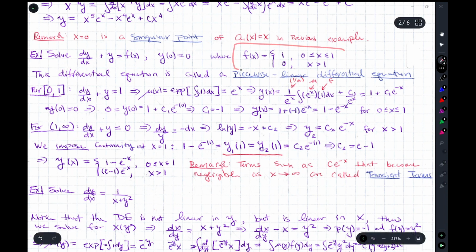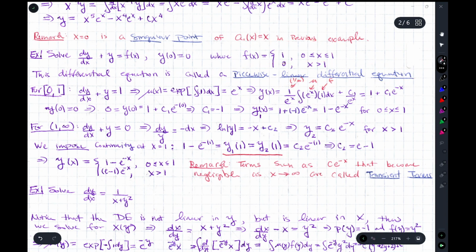And it's common to have piecewise defined functions even in science, even though the world is continuous. But you could model, for example, turning on a switch as a piecewise defined function. So this differential equation is called a piecewise linear differential equation because of the piecewise function.